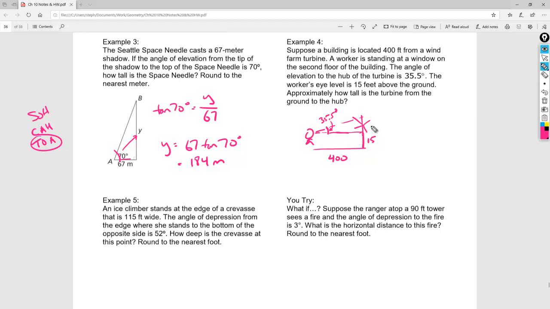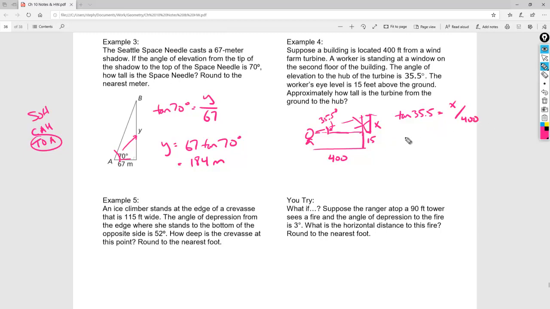So what we need to do is solve for this value right here, right? So whatever I get to be this length, I will add 15 to it. So we'll call this x. So I have my adjacent, and again, I need my opposite. So I will use tangent of 35.5 to be opposite x over adjacent, which is 400.